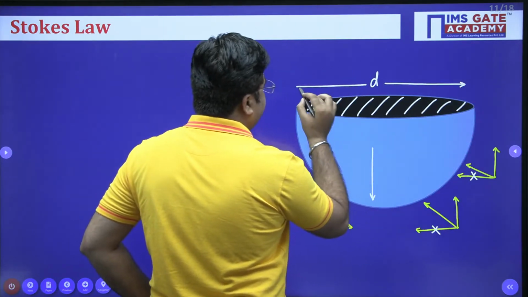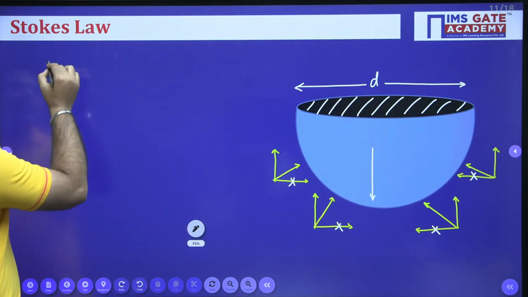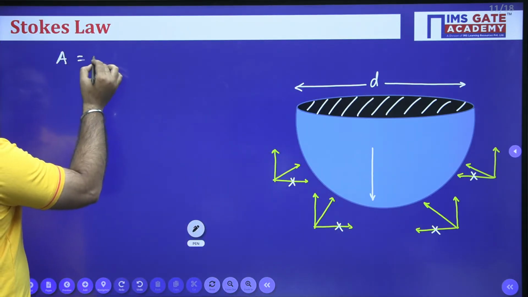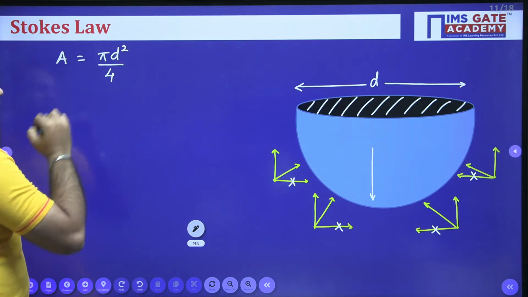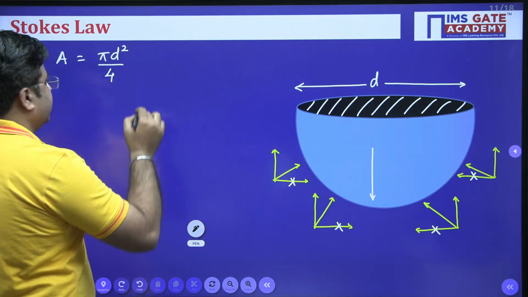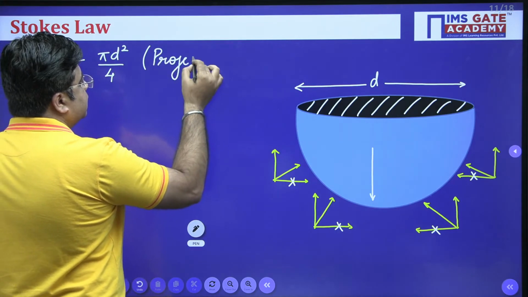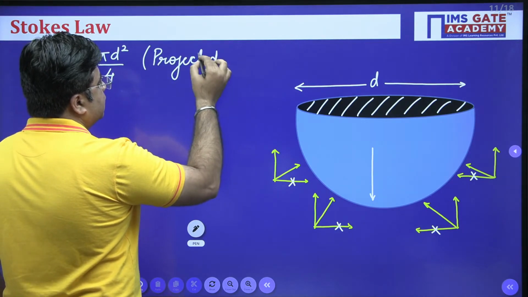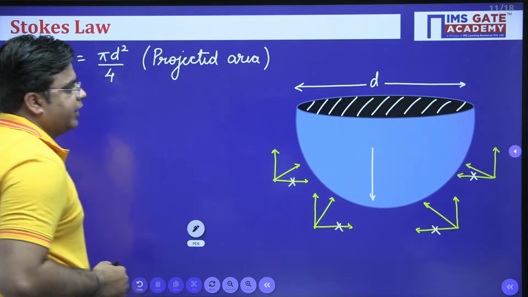So what will be the projected area? The area that I have drawn in black. Projected area A is equal to pi d square by 4. A is my projected area, right?